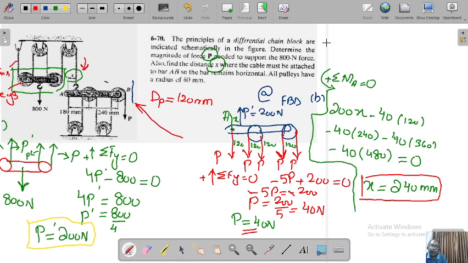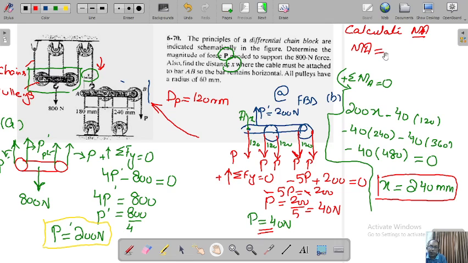If I ask you to calculate the mechanical advantage of this system, it will be the maximum force that is to be lifted by this system, which was 800, divided by the force P. For a person lifting this heavy weight, it requires applying a load of only 40 Newton.